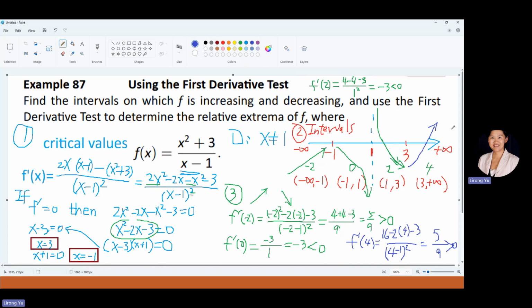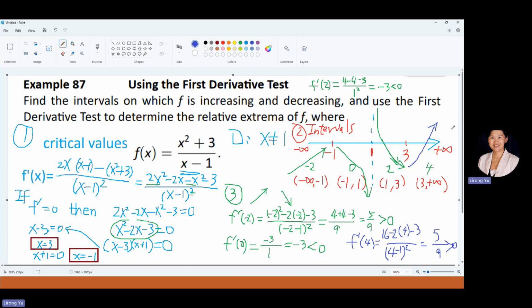So now we know the increasing intervals for the function are from -infinity to -1, and from 3 to infinity. The decreasing intervals are from -1 to 1 and 1 to 3. They're all open intervals.